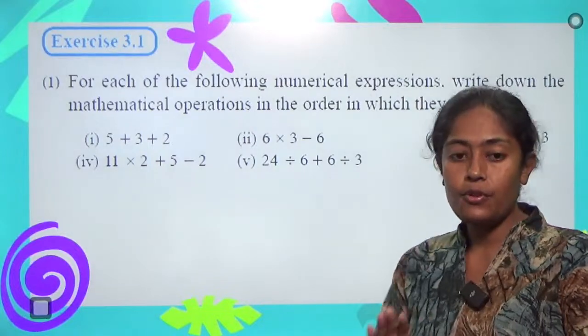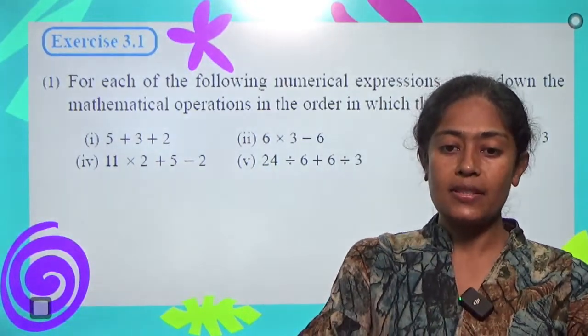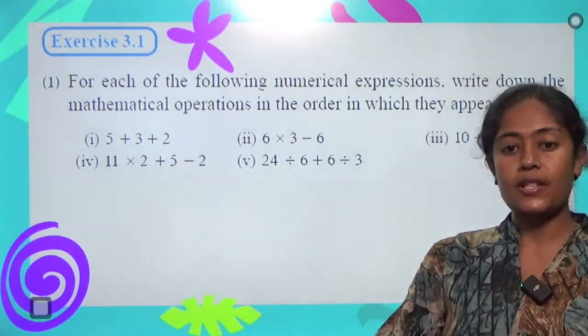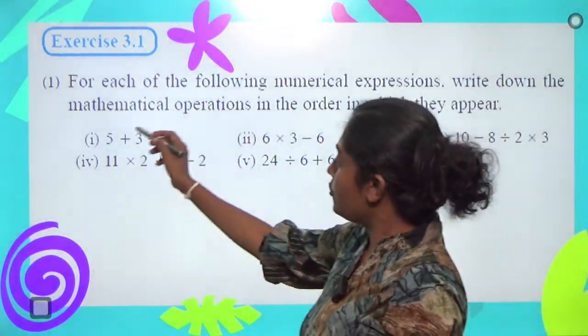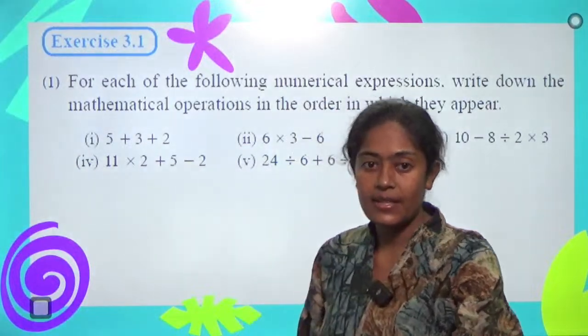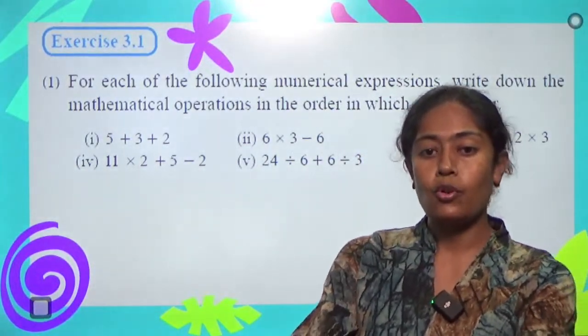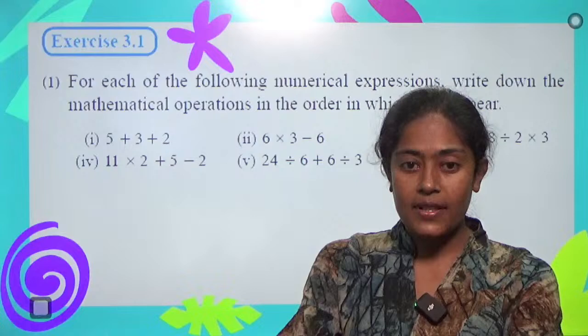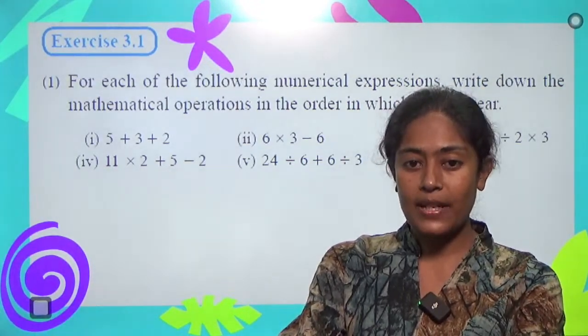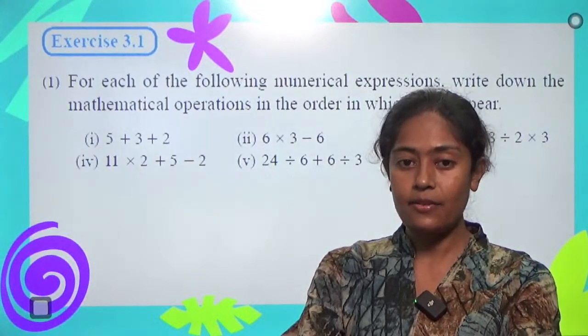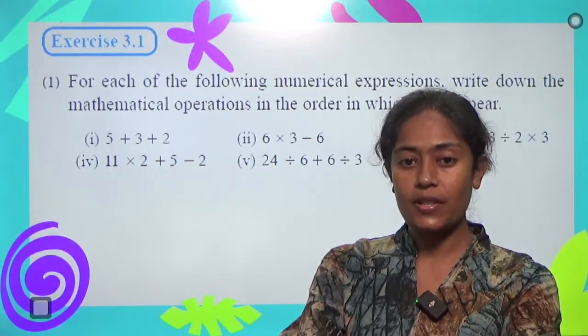That means, do you know what are numerical expressions? Yes, these are numerical expressions. That means there are two or more numbers joined with one or more mathematical operations. So we have learned now what are the mathematical operations.